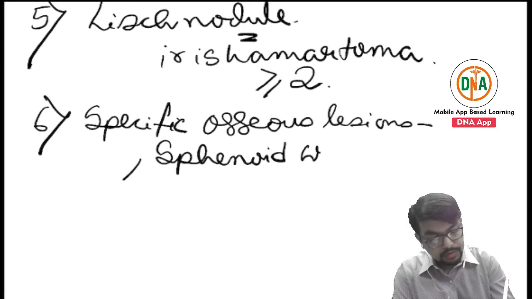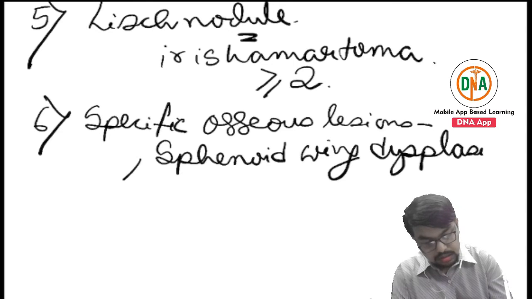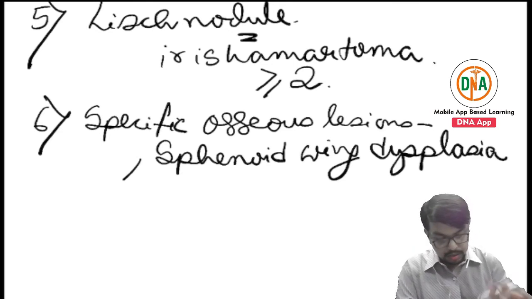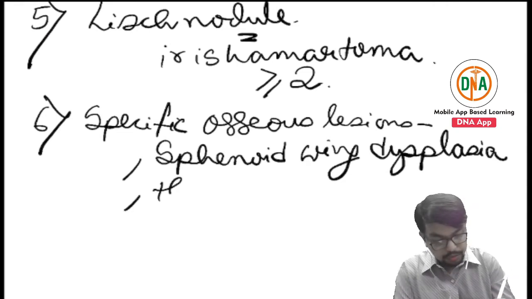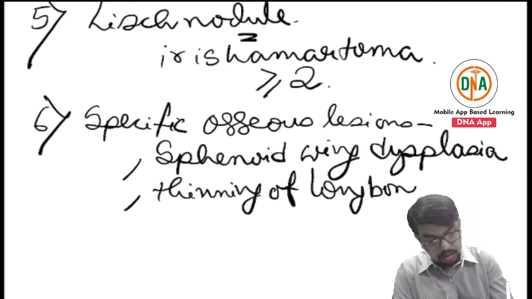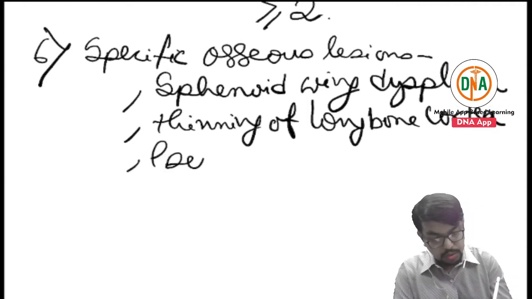Number 2, thinning of long bone cortex. Number 3, pseudoarthrosis.